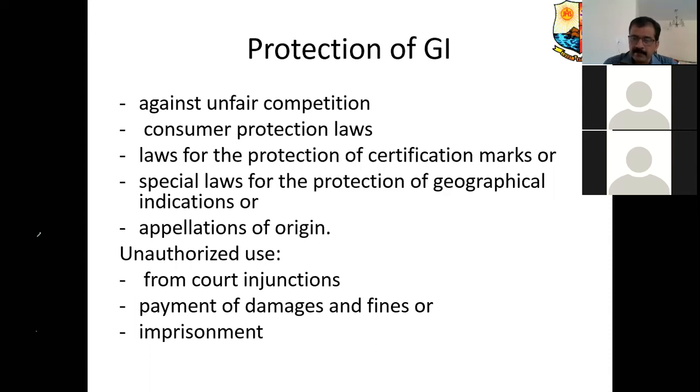The court can issue an injunction and stop producing, marketing and selling that. The court can fine the person and may ask him to recover the damage by paying a particular amount. That means the court will ask the culprit to pay for damage, or a huge fine can be put on him.